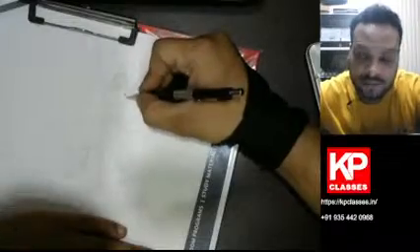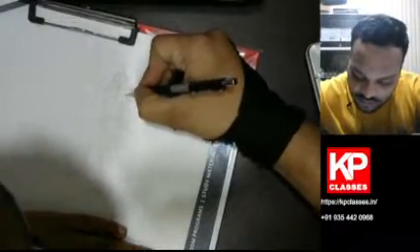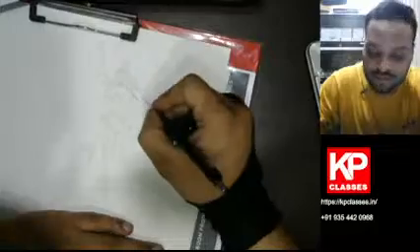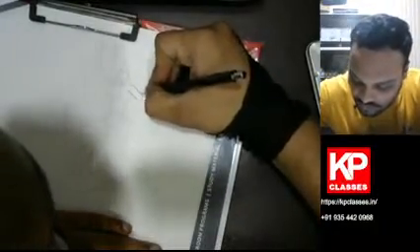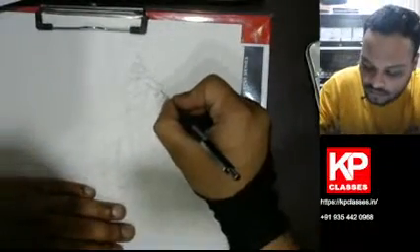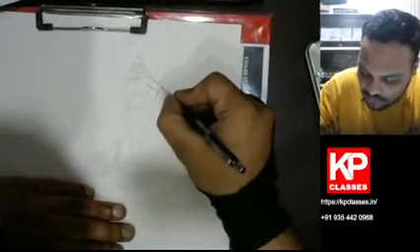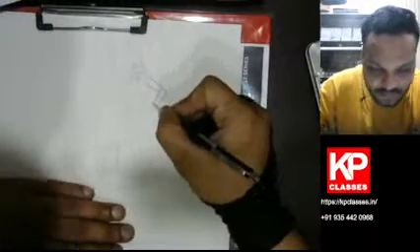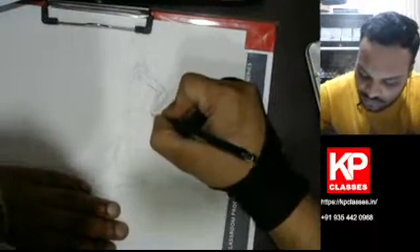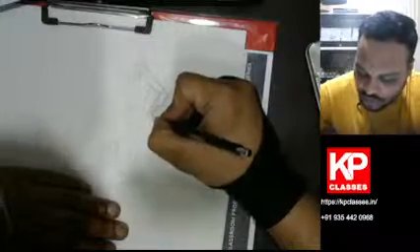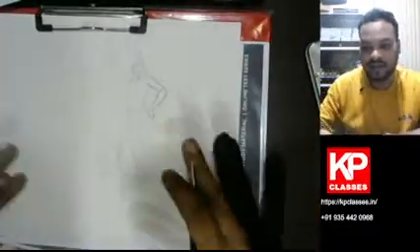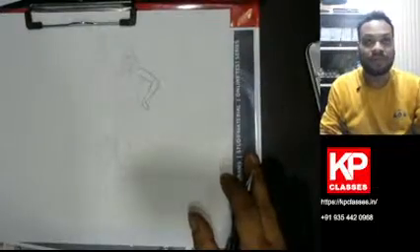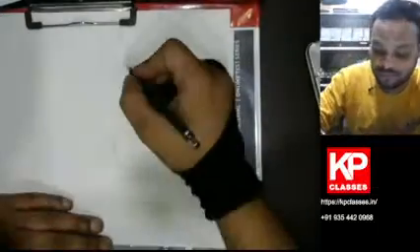I'm making this upper section of this female structure. I hope you can understand all the things I'm explaining in this live session, and you'll be able to draw all the things.